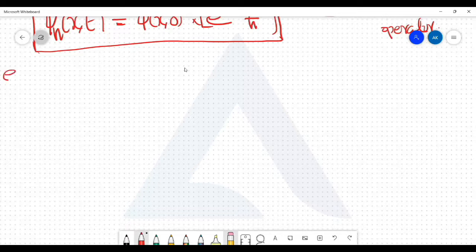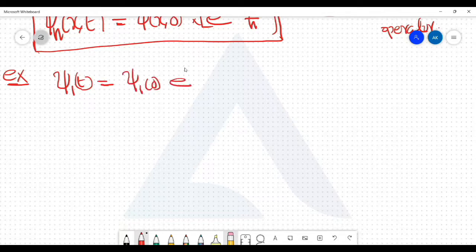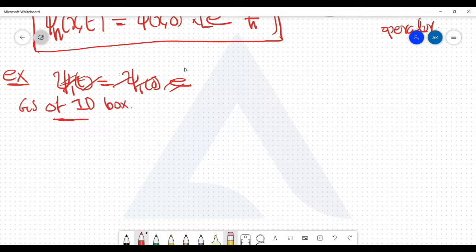Example. I am considering the wave function psi 1 of t equal to psi 1 of 0, the ground state of the 1D box. Let me apply it here.